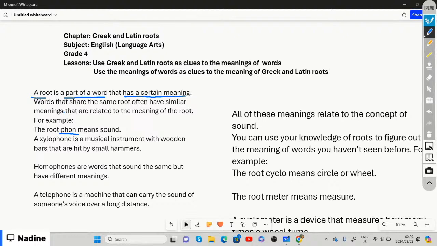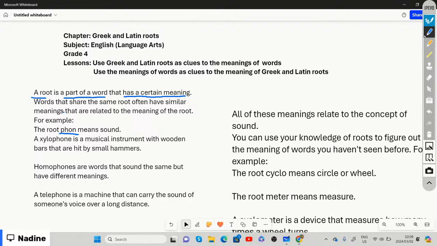And then we have homophones. Homophones are words that sound the same, but they have different meanings. The sounds are the same for certain words.